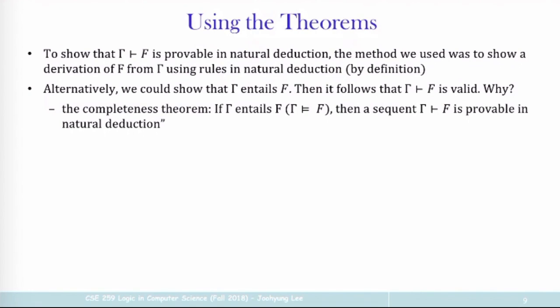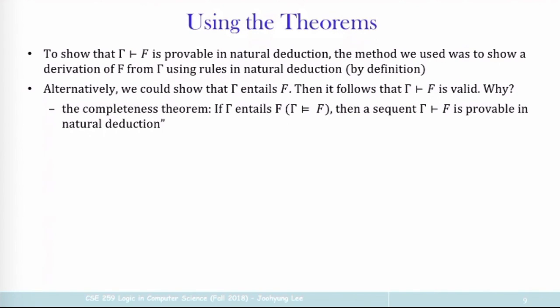Instead of showing the provability there, you can use this meta level of proof, which means using the theorem, here the completeness theorem. The completeness theorem says that if gamma entails f, then there is always a deduction of f from gamma.